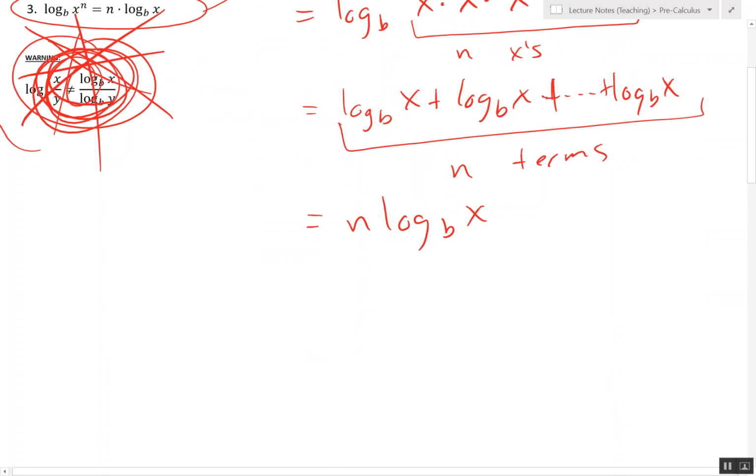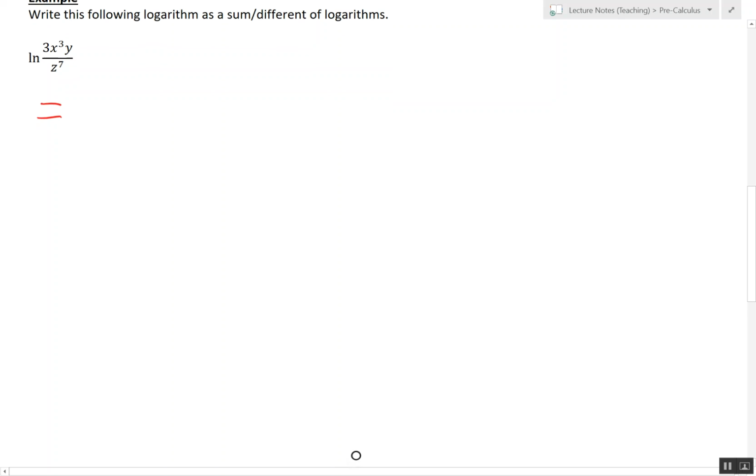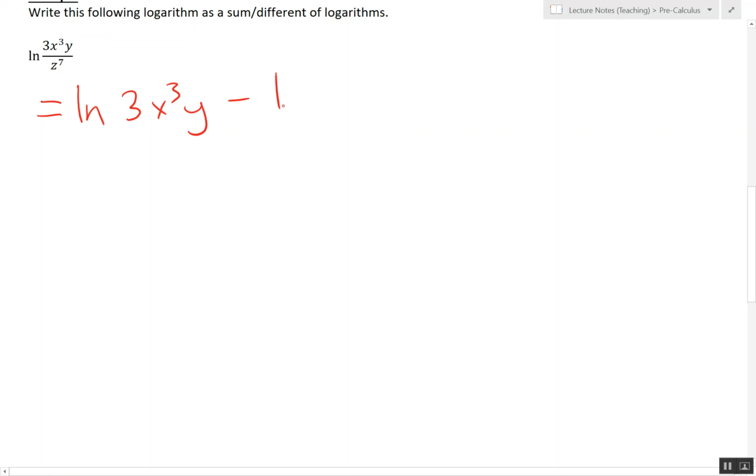So let's look at a couple examples here. The first one is going to be a tearing apart one. So we're going to have ln of 3x cubed y over z to the 7th. First thing you're going to do is, there's a fraction, so you split apart the fraction. So this is going to be ln of 3x cubed y minus ln of z to the 7th power.